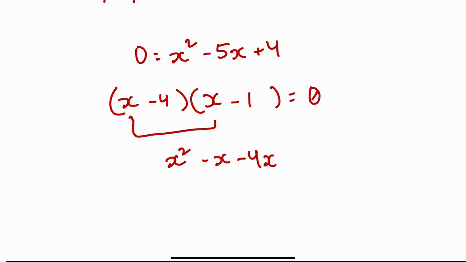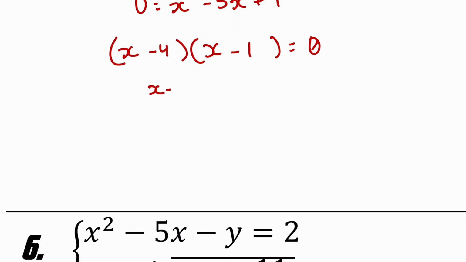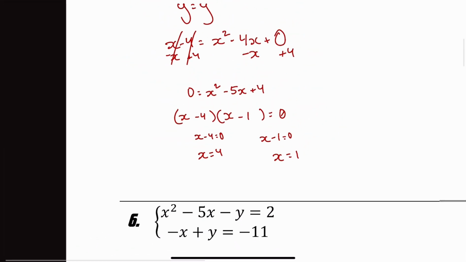So first, outside, inside, I did that. Now I have to do my last, which gives me plus 4, which is x squared minus 5x plus 4. There we go. And I get that this is equal to 0. So that means x minus 4 is equal to 0, x minus 1 is equal to 0. So x is equal to 4, and x is also equal to 1.